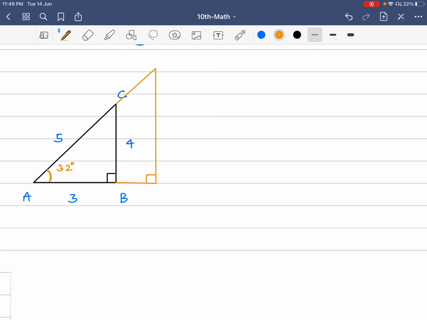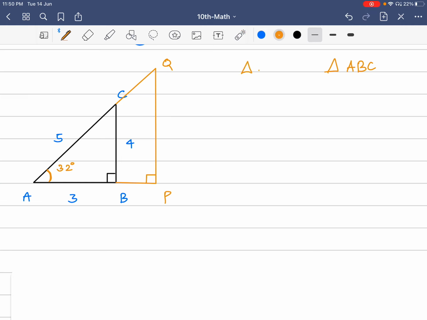I'm going to call this Q, and let's call this P. So we have two triangles now: the original small triangle ABC, and the bigger one. Since we named the small one ABC, I will name it APQ.